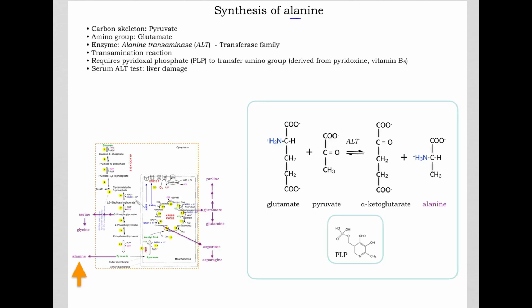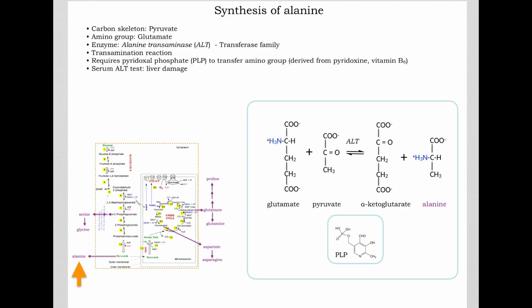So, synthesis of the non-essential amino acid alanine. We get the carbon skeleton from pyruvate, and the amine group here comes from the amino acid glutamate.